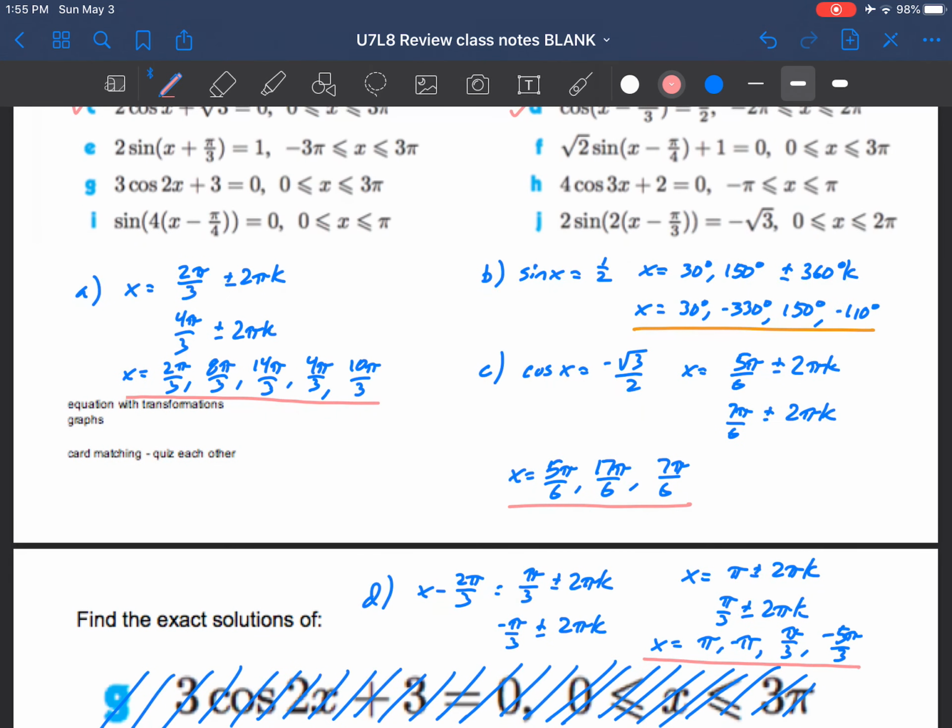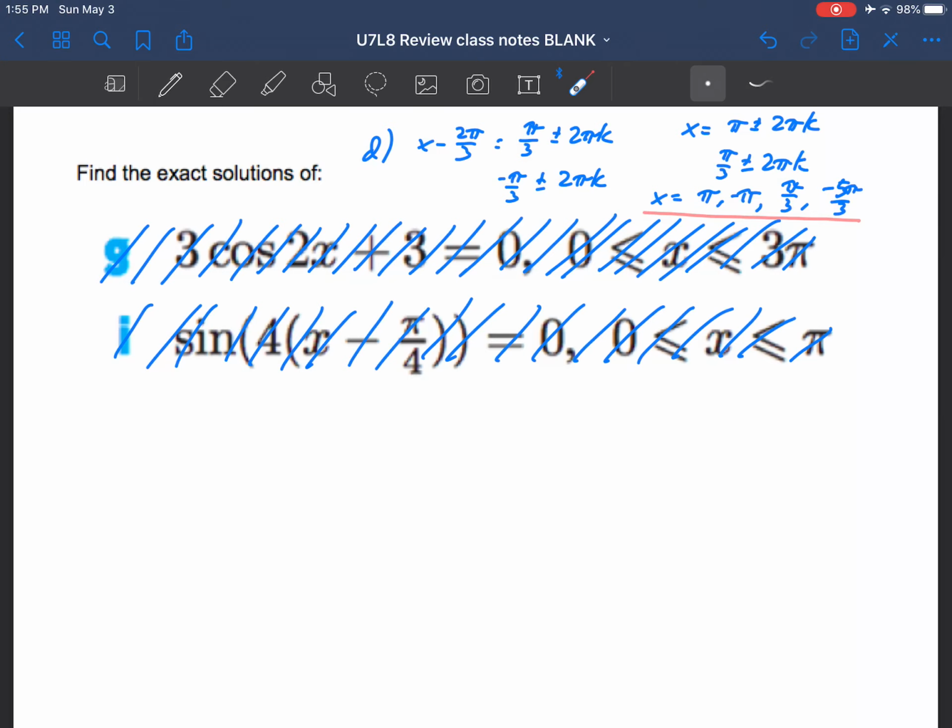E, sort of the same thing as we just did, except now we've got 2 sine of this equals 1, so I'm going to divide by 2 first, and I'm going to solve for that. So really we want sine of x plus pi over 3 to be a half. Let's start there.